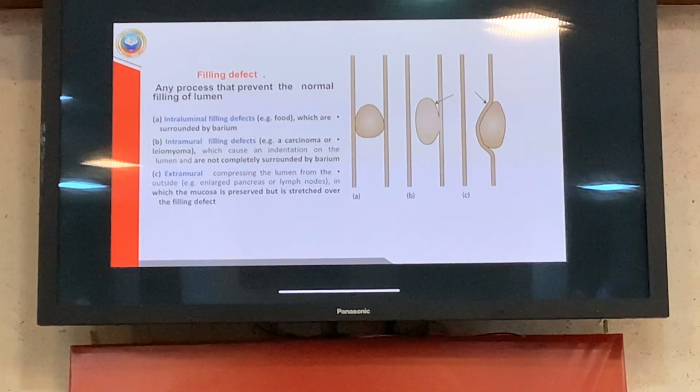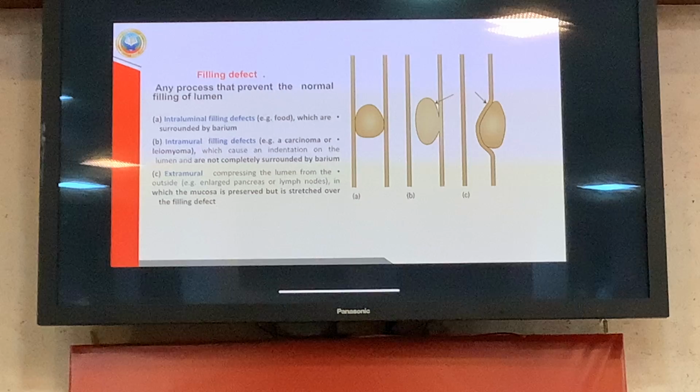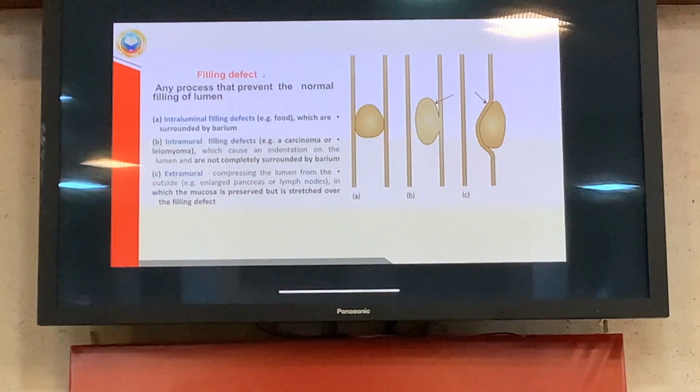Filling defect. A filling defect is any process that prevents the normal filling of the lumen. It could be intraluminal, such as food, which is surrounded completely by barium, just a mass inside the lumen. Is the food stuck to the wall or movable?